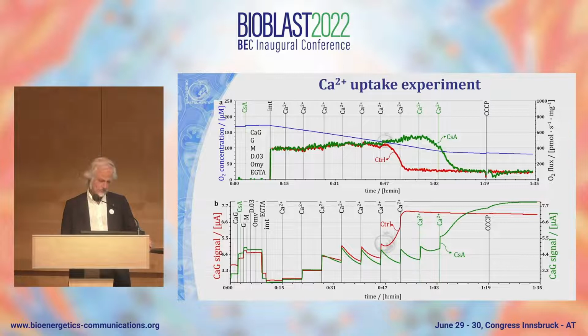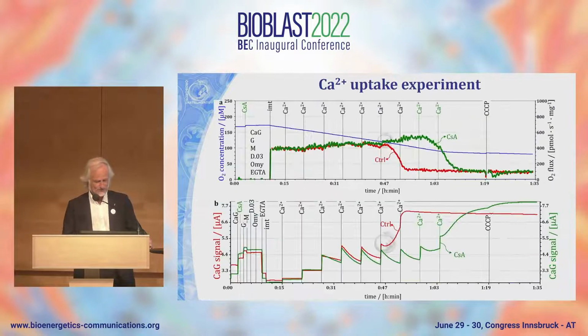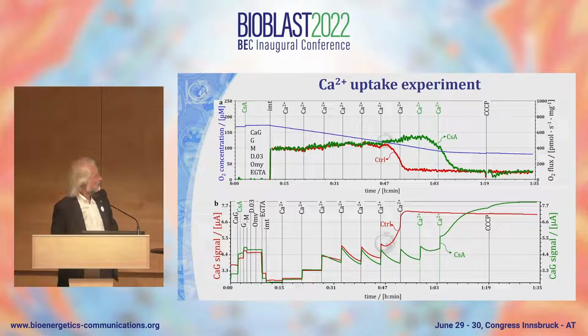And the left part, calcium green, is of course our sensor for fluorometric measurement of calcium concentration. Now the experiment goes like this. You have time, and you see this is 1.5 hours.